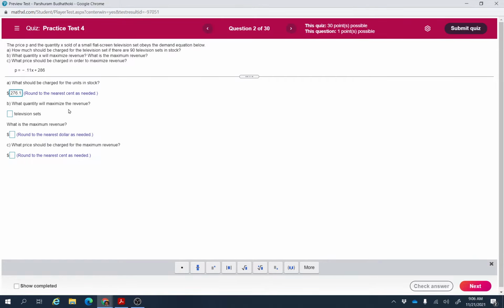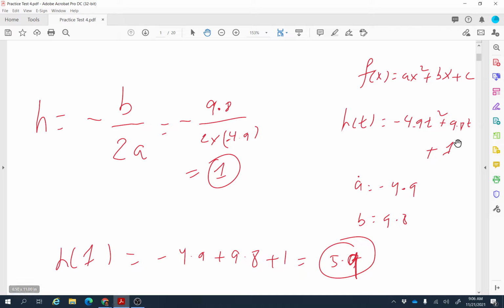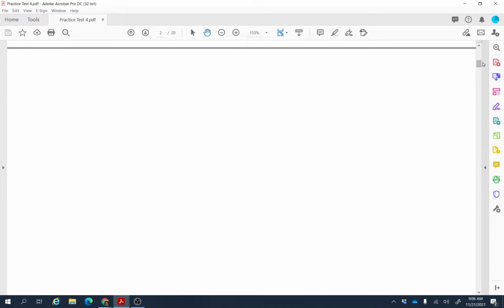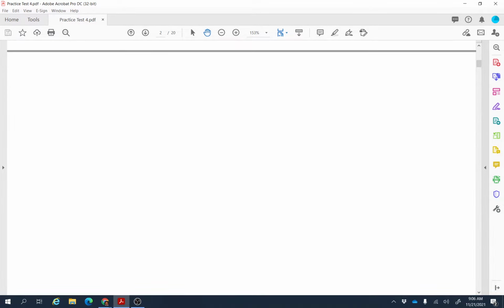What quantity will maximize the revenue? To answer this question, remember this is a maximum or minimum, so you have to find the vertex. But the vertex of what? The vertex of revenue. Revenue means the price times the number of items.